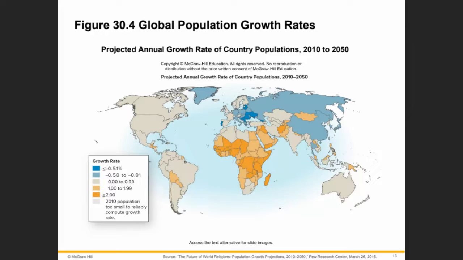No, for America, sorry, it's 0 to almost 1%, 0.99. So not all countries have the same growth rate.